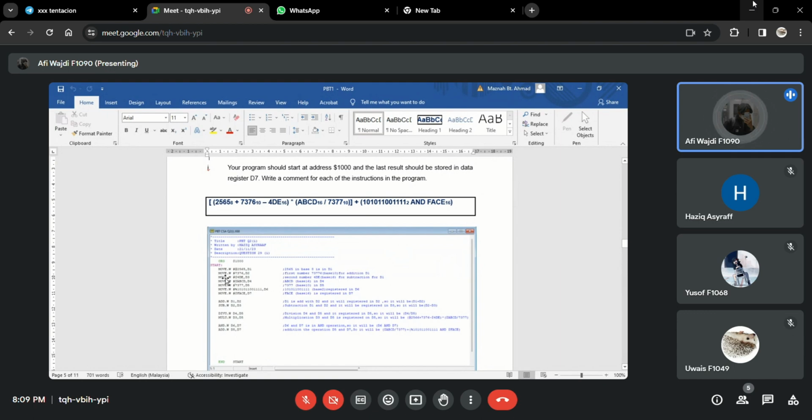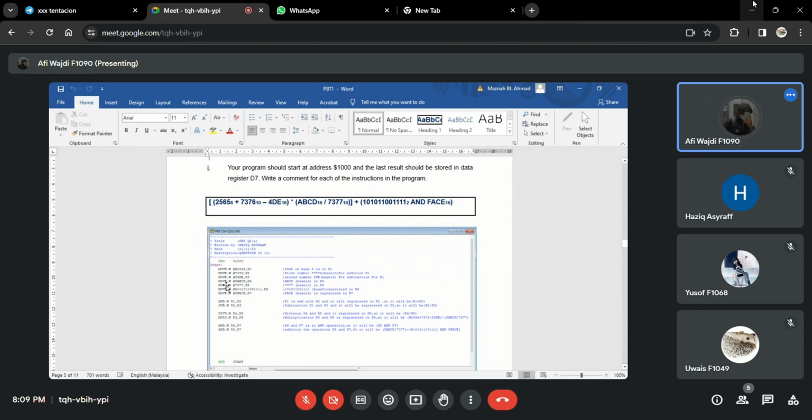And the third is hexadecimal 4DE to D3, which is the second number 4DE, base 16, for subtraction from D1. Next, hexadecimal ABCD to D4, which is ABCD base 16 in D4. Next, 7377 to D5, which is 7377 base 10 in D5.